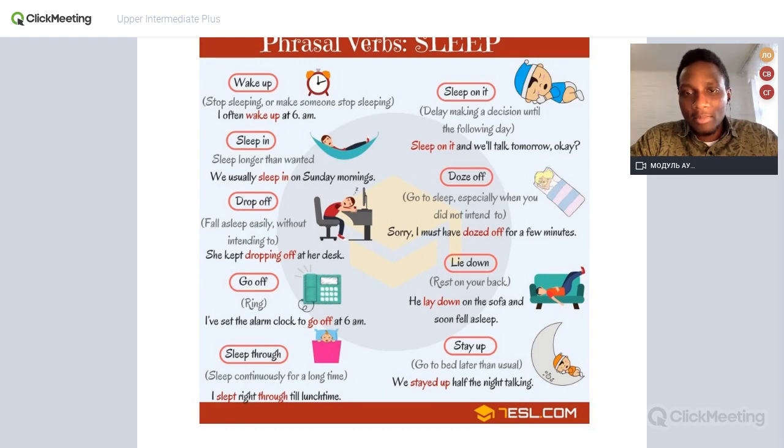About delay making a decision until the following day. Yes, yes. Okay. Do you sleep on any decision that you want to make, or you just make your decision at once?